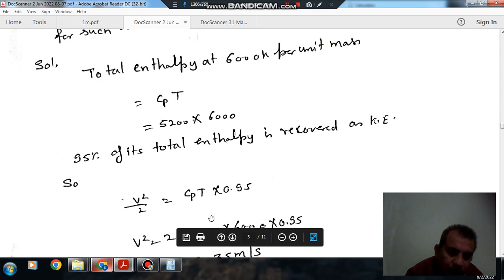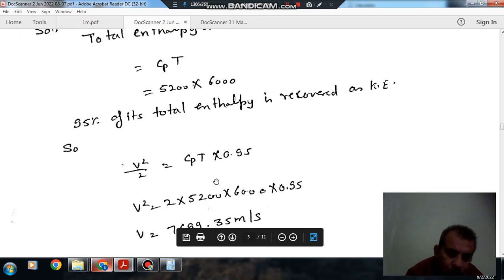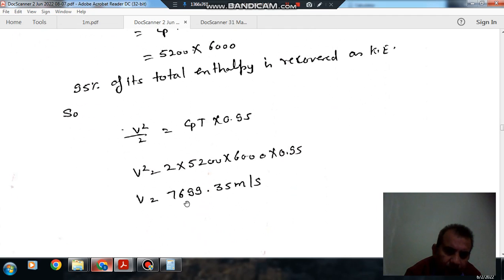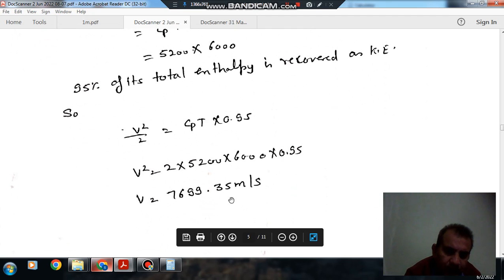Taking unit mass, this will be the kinetic energy, so it is Cp T into 0.95, equal to V squared by 2. Solving this and putting in the values, we have 7699.35 meter per second.